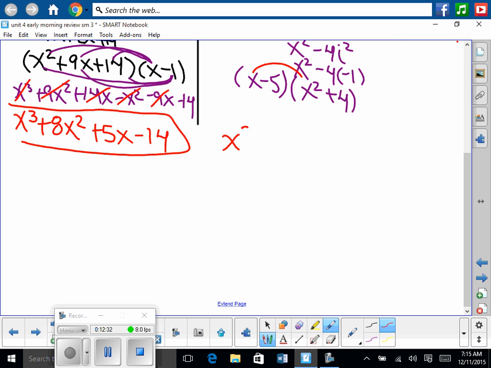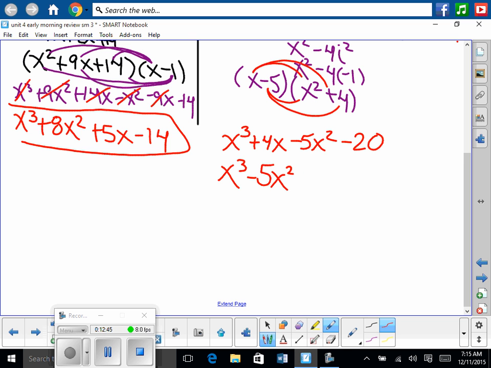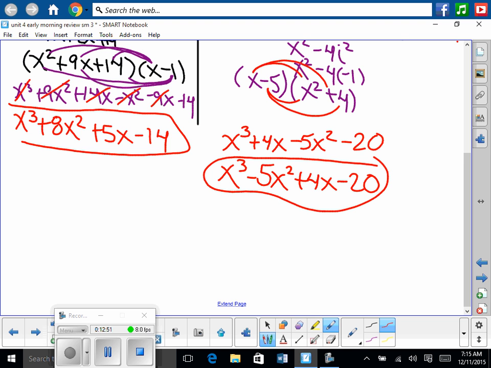x cubed plus 4x minus 5x squared minus 20. I'm going to change and put it in standard form: x cubed minus 5x squared plus 4x minus 20. And once again, it's degree 3, and it better be, because we have 3 zeros.